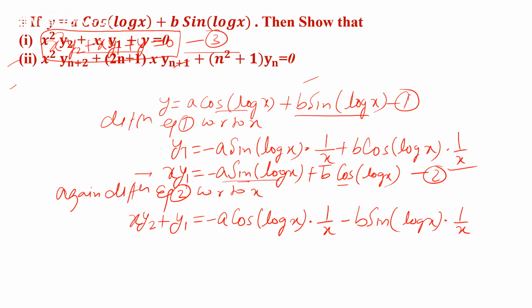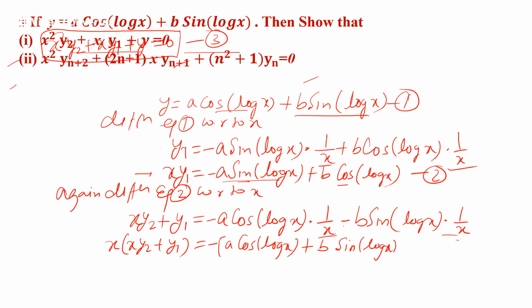Now take x as common, and taking the negative sign, we write x y2 plus y1 equals minus (a cos(log x) plus b sin(log x)).